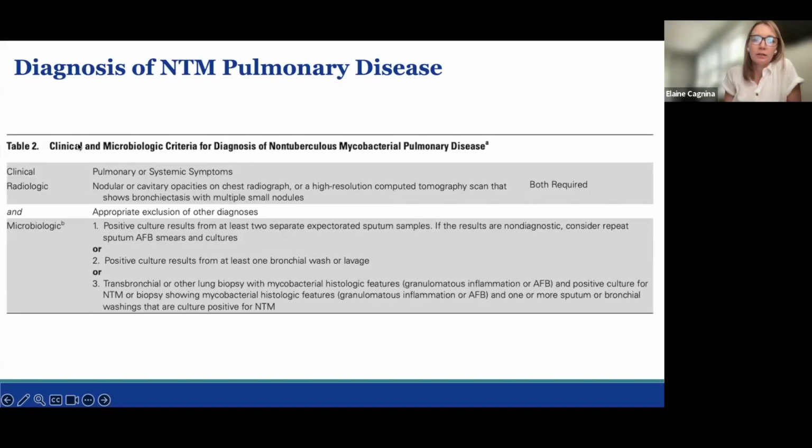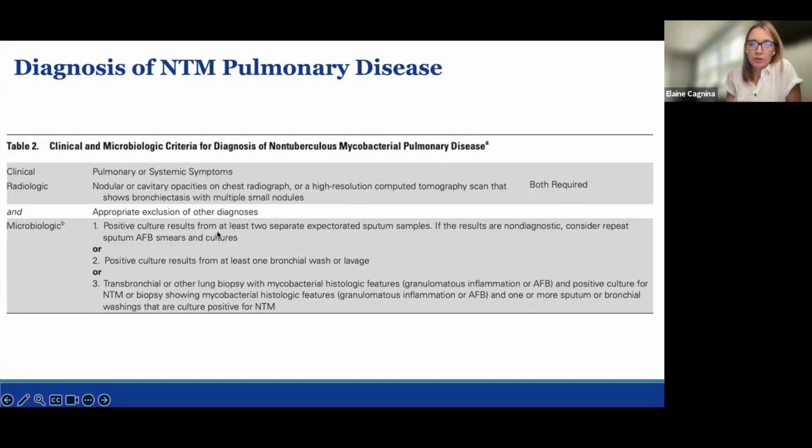You need clinical and microbiologic criteria for the diagnosis of non-tuberculous mycobacterial pulmonary disease. So you need symptoms, and you need changes on your chest CT; both are required. You need to appropriately exclude other diagnoses, so other bacterial exacerbations or other reasons that someone could be having declining lung function. And then the microbiologic criteria are very clearly laid out.